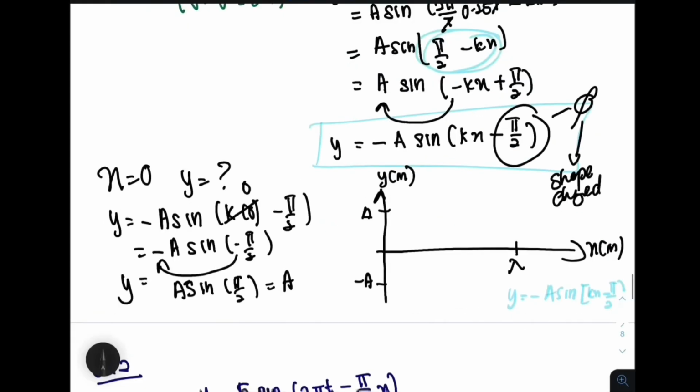This is our equation. So for this particular equation, its shape is that when your x equals 0, your y is already at A. So we will start our drawing from here and complete one cycle. So this is my shape of the graph for this particular equation.